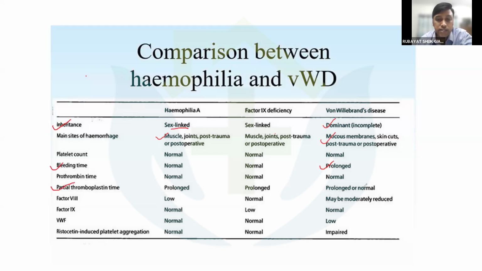Activated partial thromboplastin time will be normal or slightly raised in von Willebrand, much more prolonged in hemophilia. So these are the important differentiating points. These are the common questions, where questions are asked about hemophilia and von Willebrand, giving different combinations of the lab results.